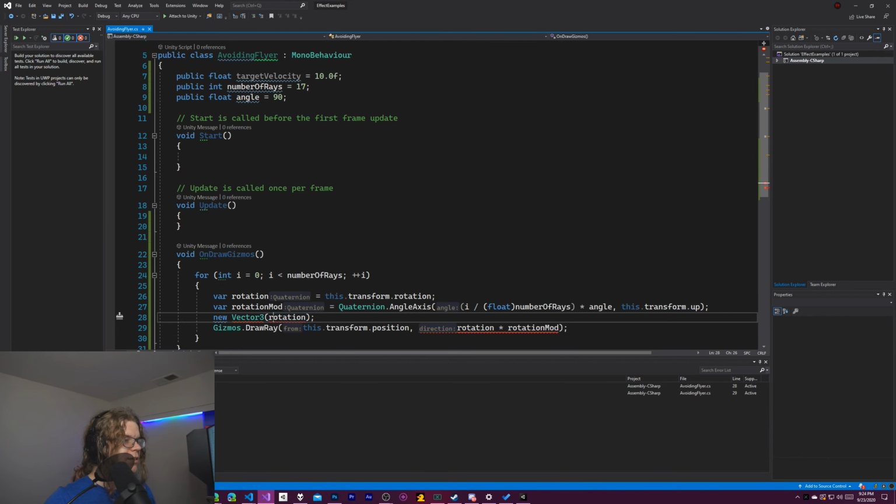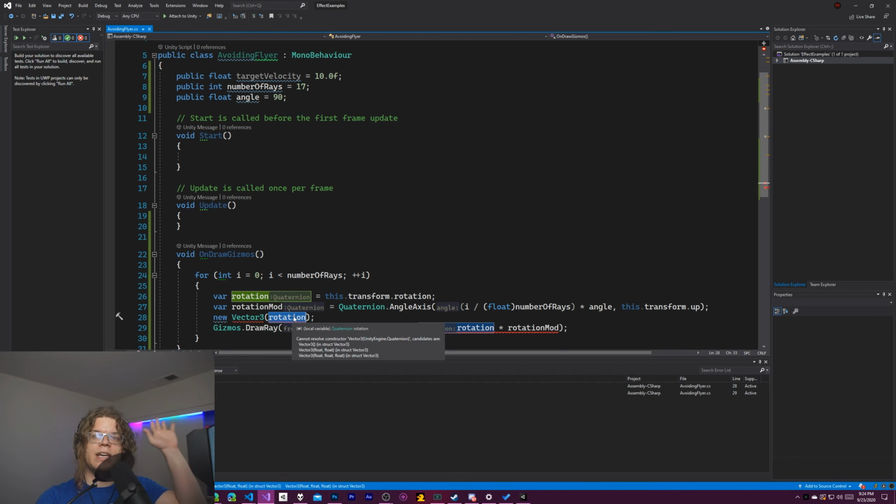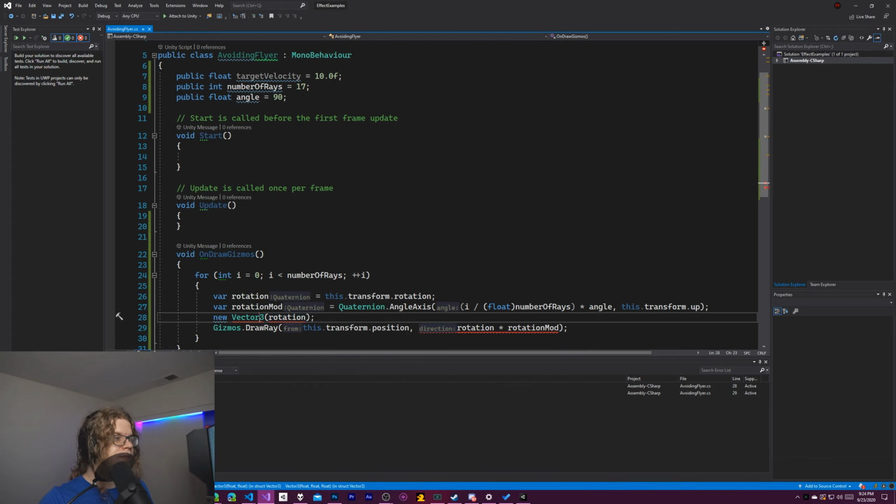I don't really know how that works, but there's magic there. And we need to figure out how to take that magic quaternion and translate it into a unit vector in the direction we want. And so we're going to multiply both of these rotations to get us a direction. And then along that direction, we need to create a vector. And I need to figure out how to do that because I don't know.